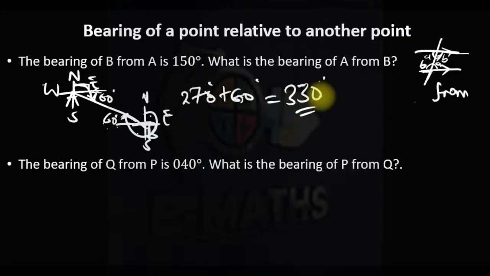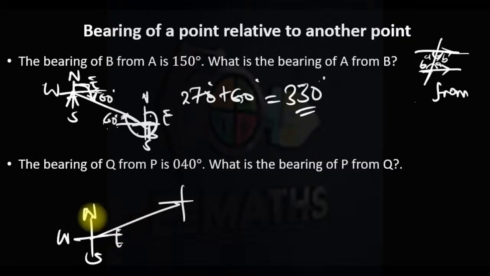So it's very important. Again, the same thing. The bearing of Q from P is 40. So from P we move to Q. The bearing is 40, so this is 40. And by the alternate angle theorem, here is also 40.